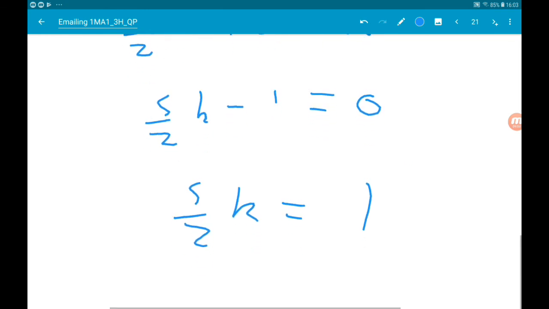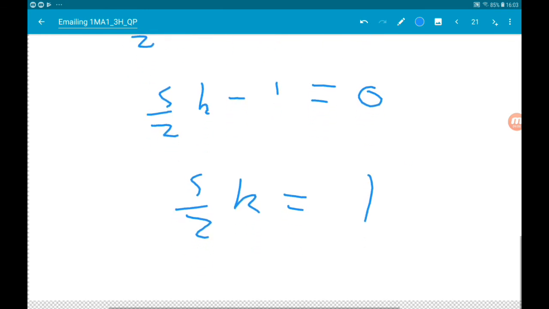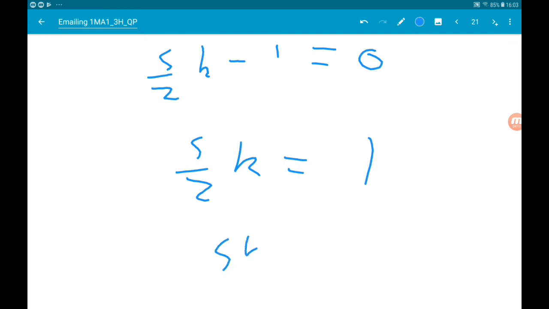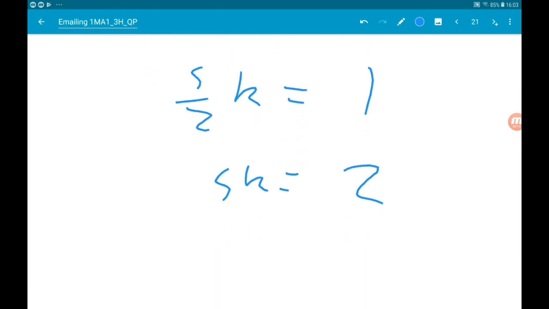Now then, if we multiply through by 2, 5k is 2, and then finally, k is 2 fifths, which is our answer. What an absolute dick of a question.